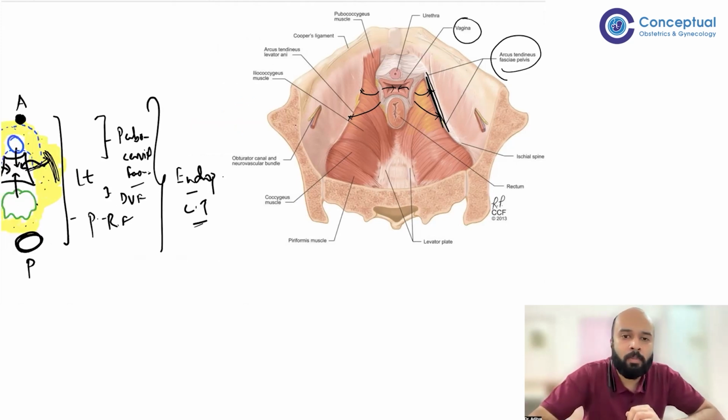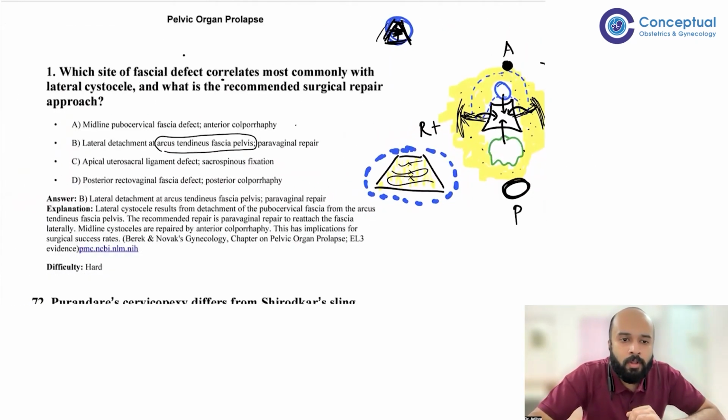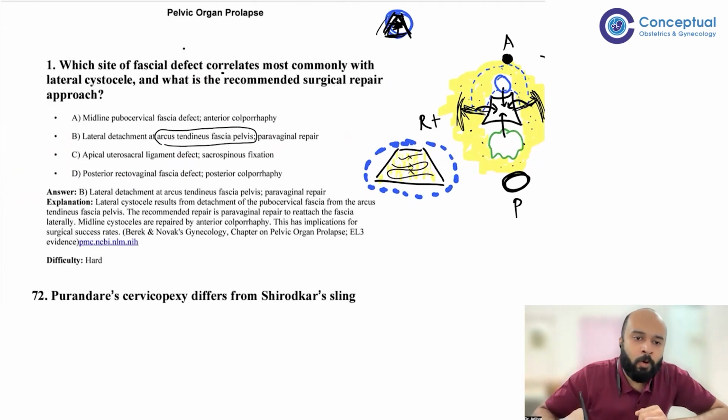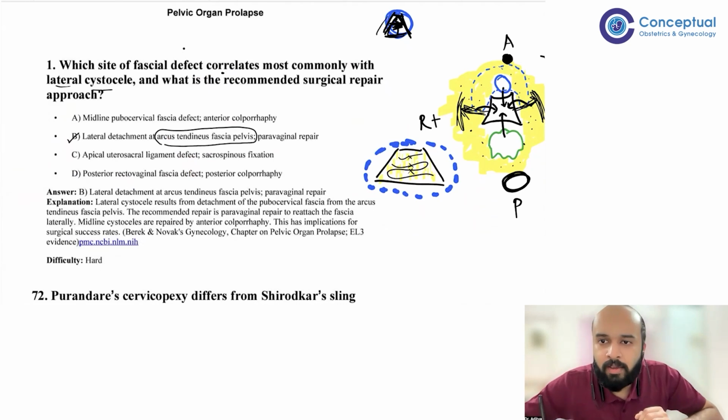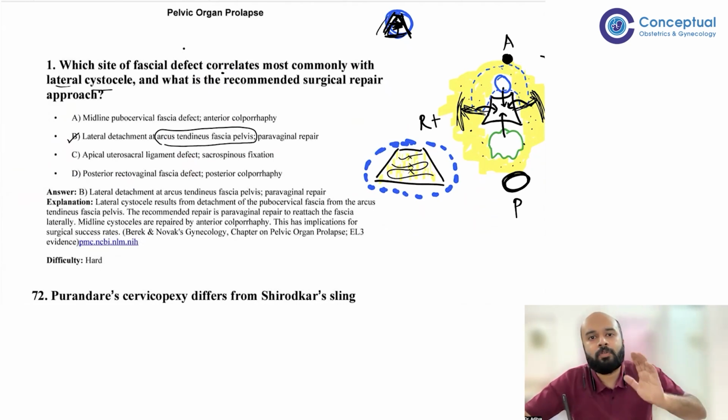And hence the repair for lateral cystocele is going to be paravaginal repair, and the cause of that lateral cystocele was the lateral detachment at arcus tendinous fascia pelvis. Did everyone understand this surgery for lateral cystocele?